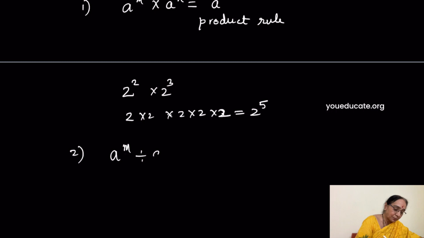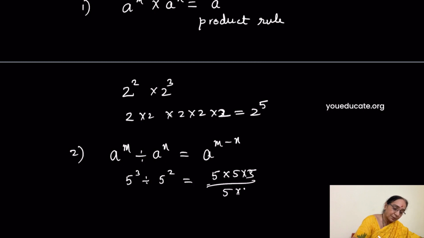Now the opposite, when it is division. A raised to m divided by a raised to n is a raised to m minus n. Now this also we can take a small example. 5 raised to 3 divided by 5 raised to 2. So here 5 is multiplied 3 times and it is divided by 5 multiplied 2 times. So you cancel 2 fives and you are just left with 5 raised to 1, which is 5 raised to 3 minus 2.